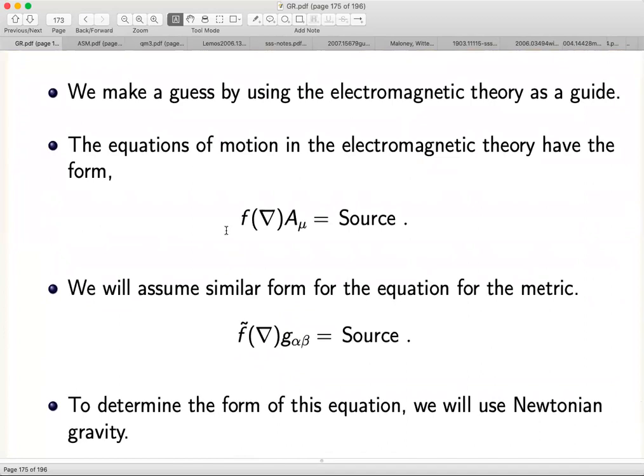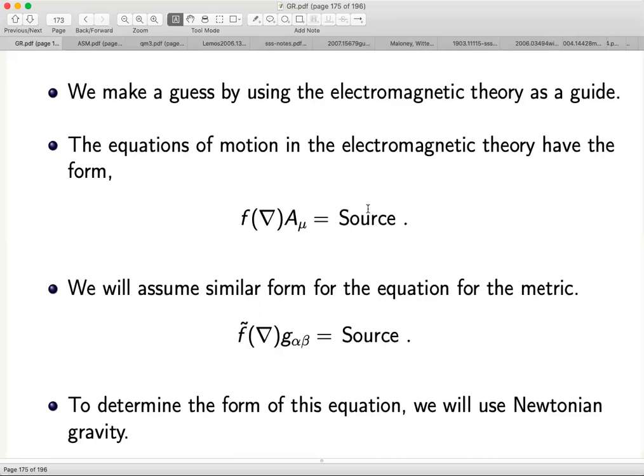Given that we don't have direct guidance, we will use an indirect method: look at equations that we know, from which we can learn something and derive an equation consistent with Newton's law of gravitation. So let's start with electromagnetic theory. There we have an equation where some function of derivatives acting on the electromagnetic potential is proportional to the source.